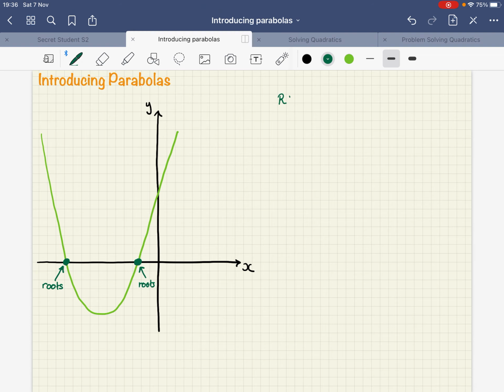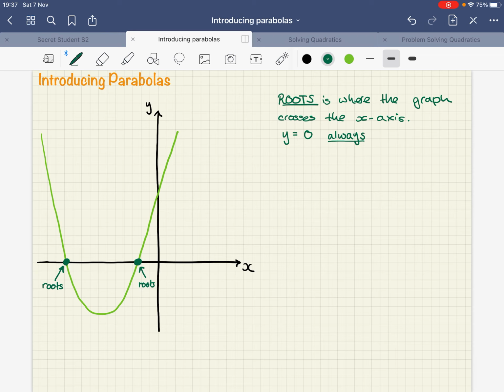So specifically, the roots is where the graph crosses the x-axis. And the important thing that we must always keep in mind, and this is going to be crucial in the next little bit of this topic, is that at the roots, y is always equal to 0. And we'll come back to why we need to keep that in mind.